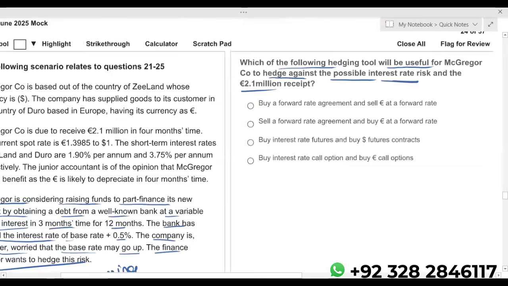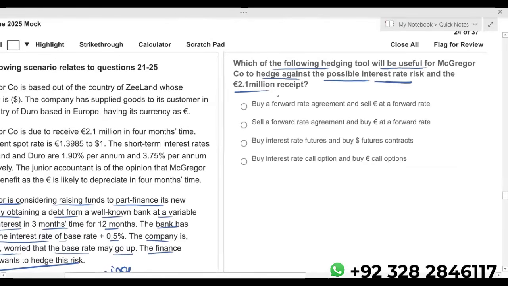Let's see. We have to hedge two risks. One is interest rate, and keep one thing in your mind, for interest rate they are the borrower. And a borrower faces the risk that interest rate might rise. Buy a forward rate agreement. If you buy a forward rate agreement, simply the interest rate becomes fixed for you.